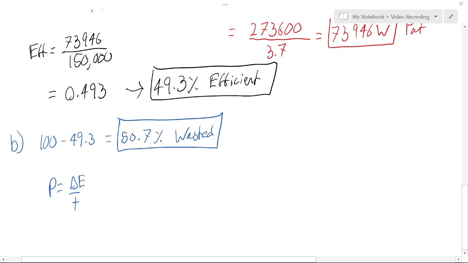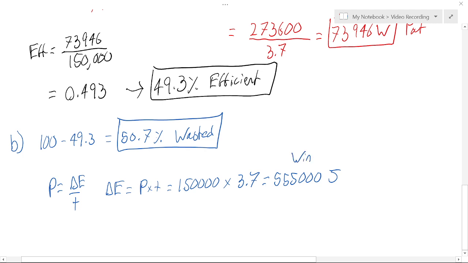So the total energy supplied to the car from the gasoline is P times T, which is 150,000 times 3.7, which is equal to 555,000 joules. So in the 3.7 seconds, this is the total work input into the car.